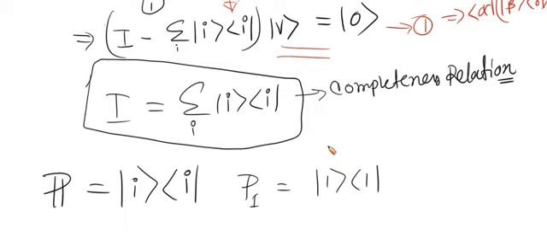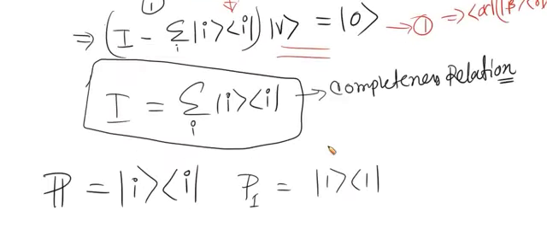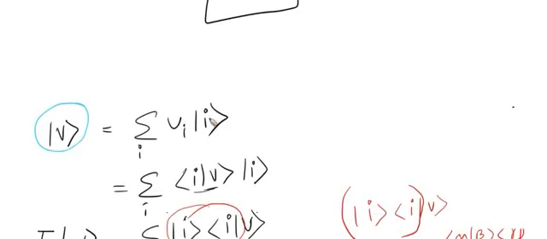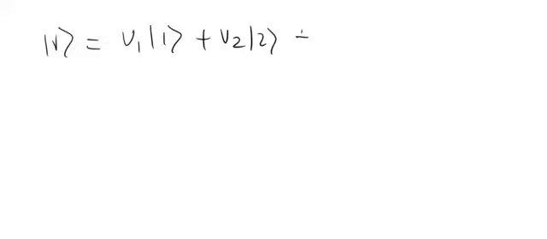The way to see it can also be drawn from vector analysis, but let me do it in this bracket framework. If you expand this, this is just v1|1>, v2|2>, v3|3>, dot dot dot, vn|n>.